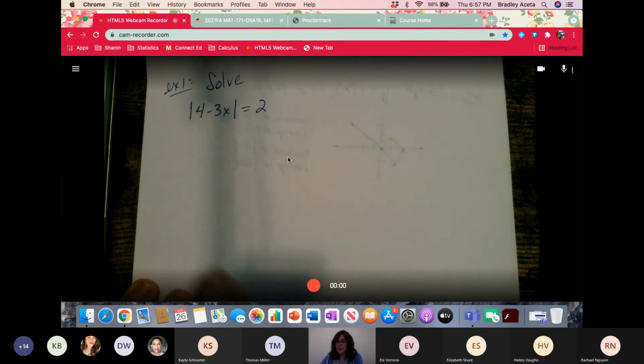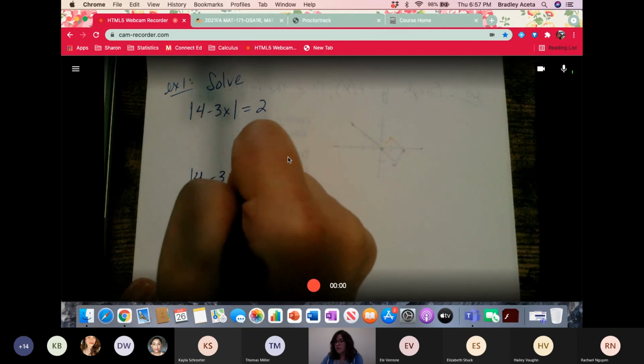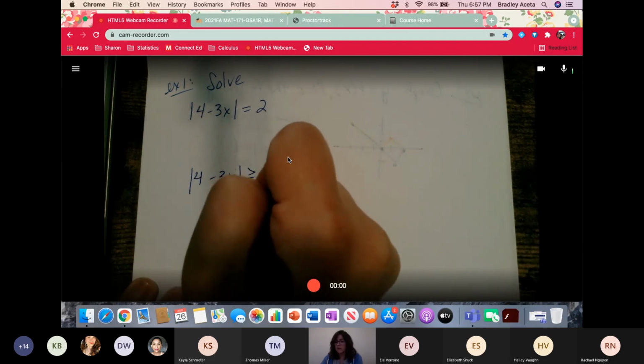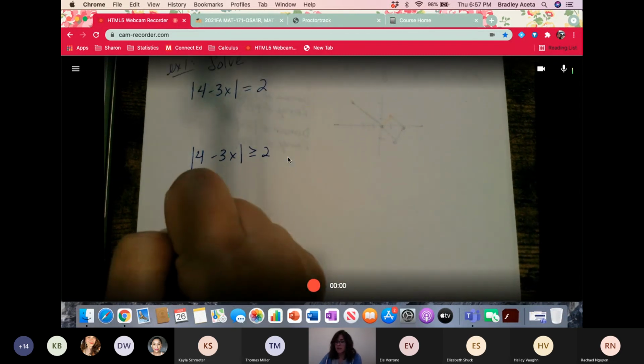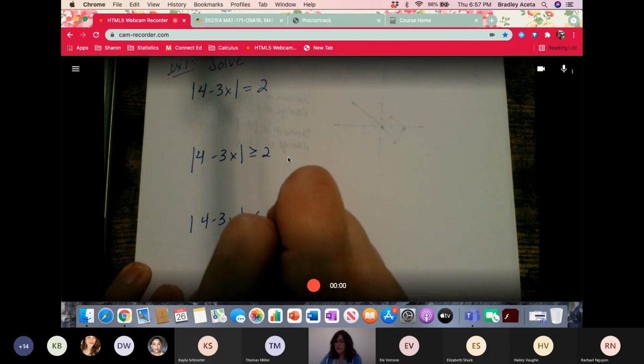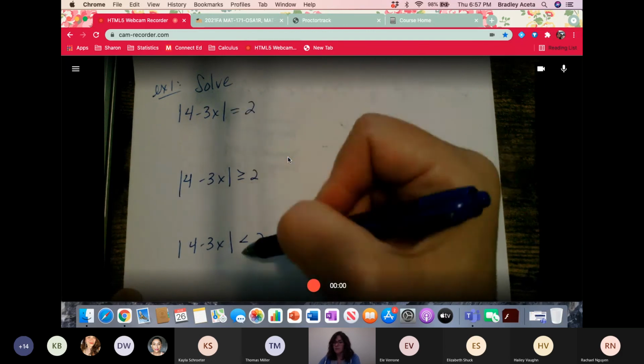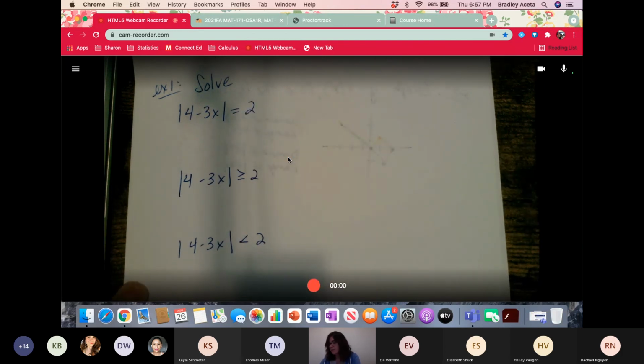And this is how they're going to do it on MyMathLab. Then they're going to have the absolute value of 4 minus 3x is greater than or equal to 2. And then they want you to solve the absolute value of 4 minus 3x is less than 2. Okay, same one, 3 different solutions, 3 different answers. So let's look at our homework and what to do.